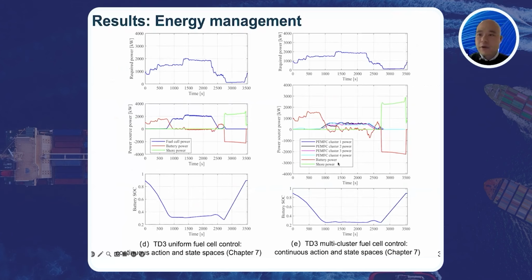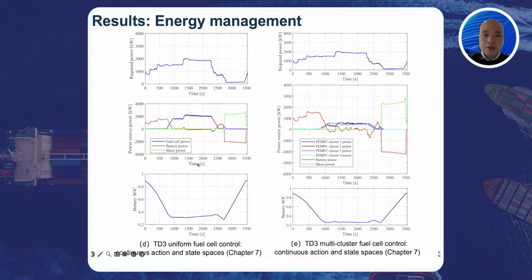Let's say we have 4 fuel cell clusters, as we can see on the right side. How do we use deep reinforced learning to coordinate the operation of multiple fuel cell clusters and batteries? It's not perfect, but in general the load is distributed evenly across the multiple fuel cells.